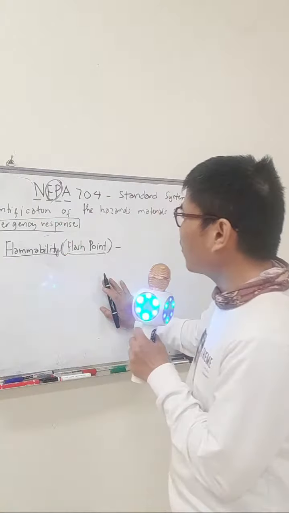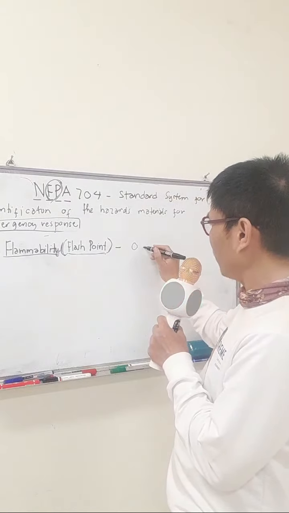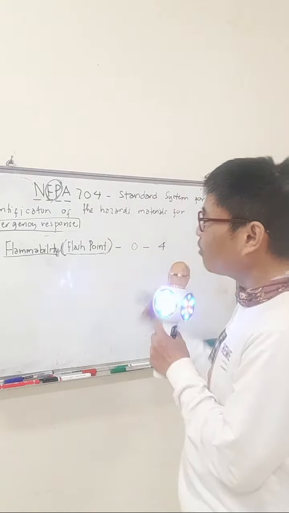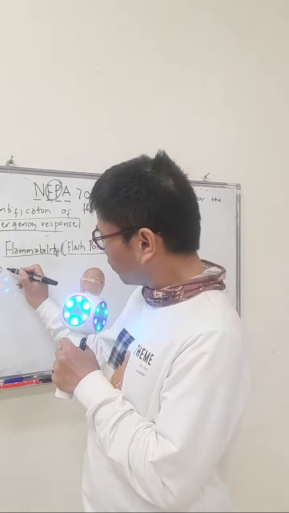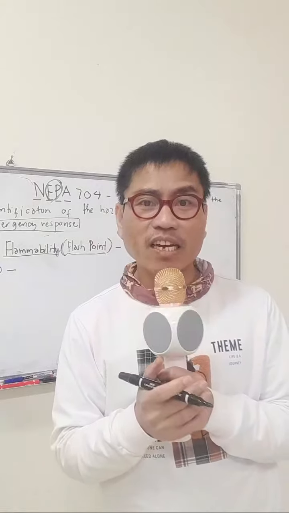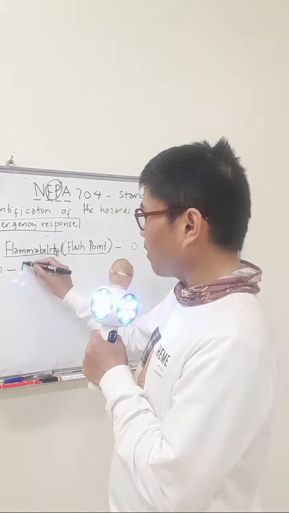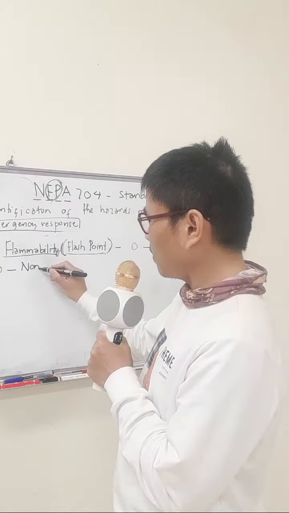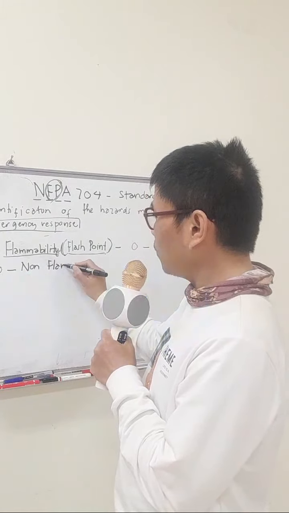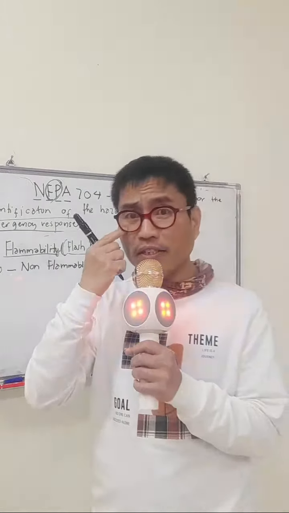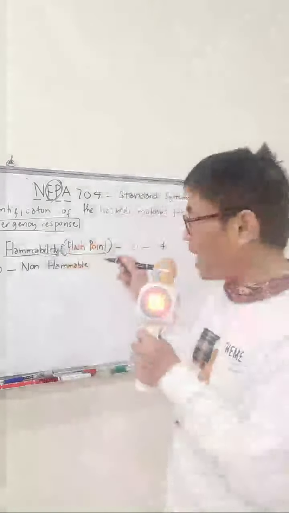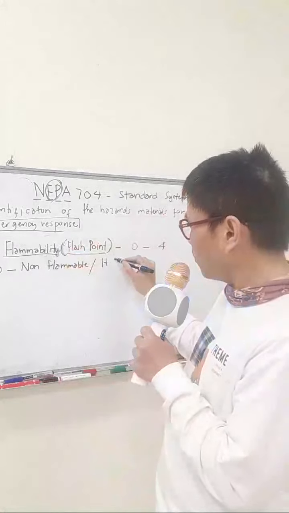Okay, we go to the numbering from 0 to 4. For the flash point rating, we start at 0. So, 0 is non-flammable. When we say non-flammable, meaning it will not burn.